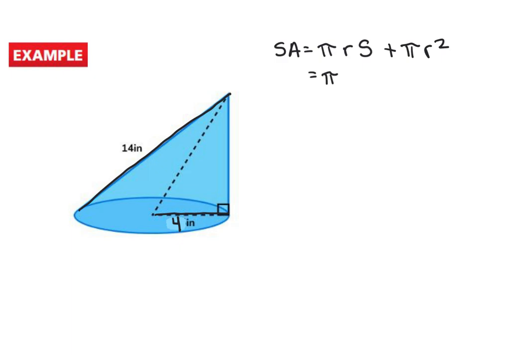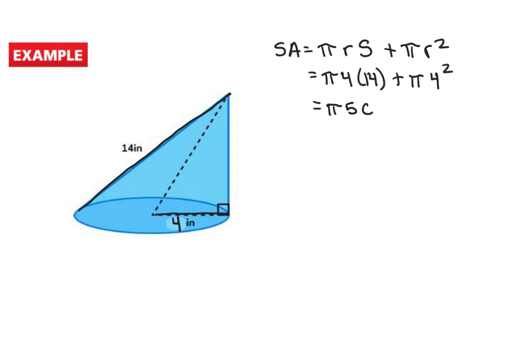So pi times 4 times 14 gives us our lateral surface area of the cone itself, plus pi r squared, pi 4 squared gives us the surface area of the circular base. 14 times 4 is 56.